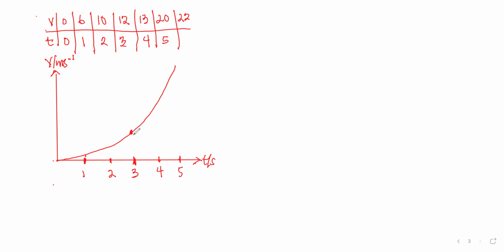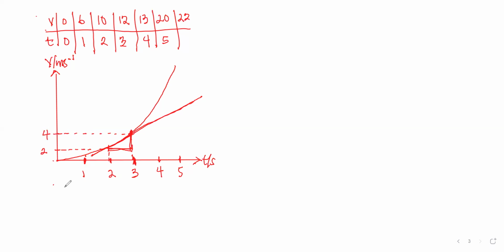Maybe I want to determine the acceleration at a time of 3 seconds. So what I do is connect this to 2 and draw a right-angled triangle to find this. Let's assume the change is to a velocity of 2, and we have a velocity of 4.